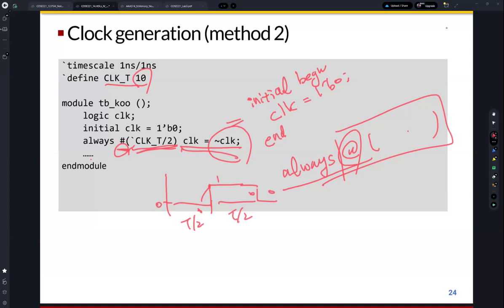In this example, I define the clock period here, and then after half of the clock period, the clock signal is inverted. The initial value is required because initially in SystemVerilog, all signals are unknown. So I initialize the clock signal first, and then this clock signal is inverted at every T divided by 2. So we can generate the clock signal.